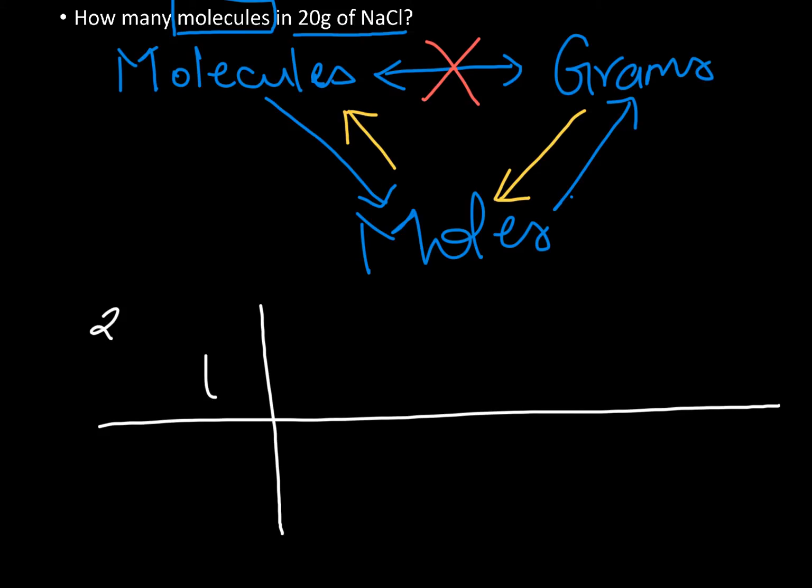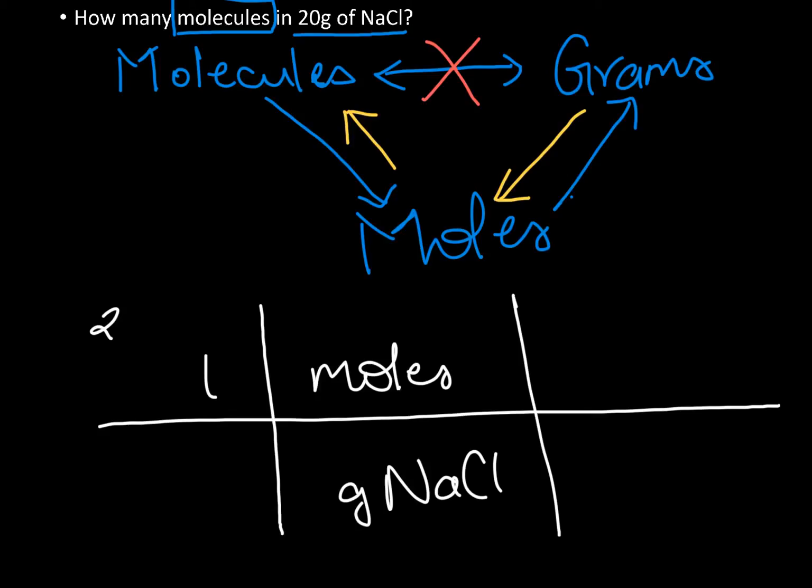You start off with 20 grams of NaCl, which is what's given, and then you copy it down on the bottom. So you get grams of NaCl, and now you will change it to moles. But since moles is not what you're ultimately trying to find, you have to carry it down again.